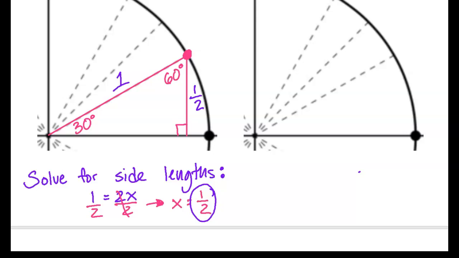Because the side across from the 30 is just x. And the side across from the 60 is x square root 3. So 1/2 times square root 3. The square root 3 just goes in the numerator, making it square root 3 over 2.